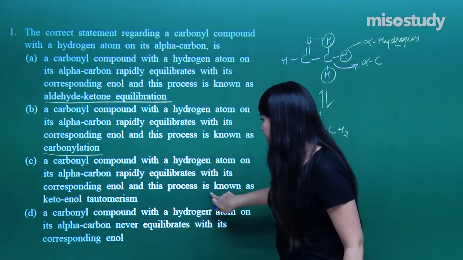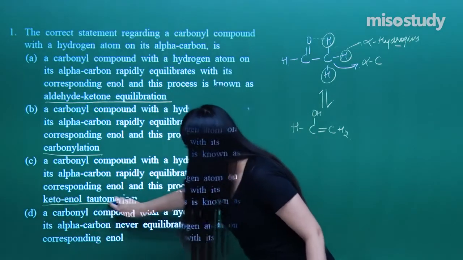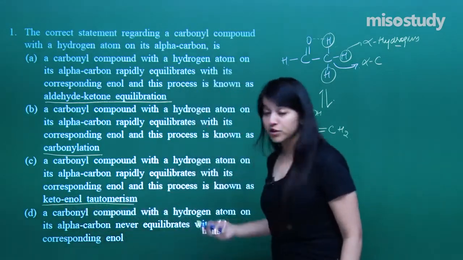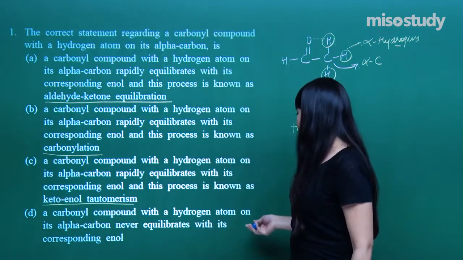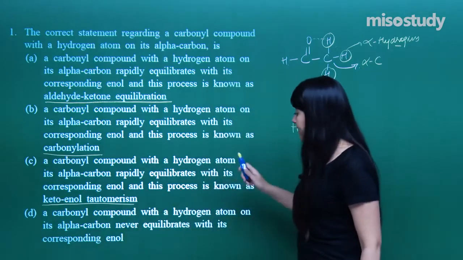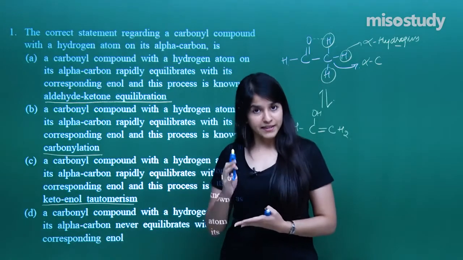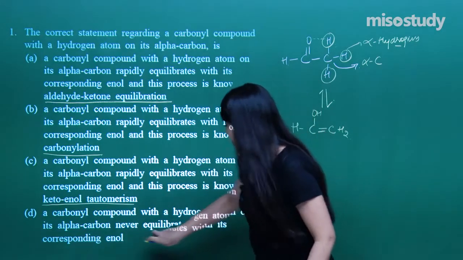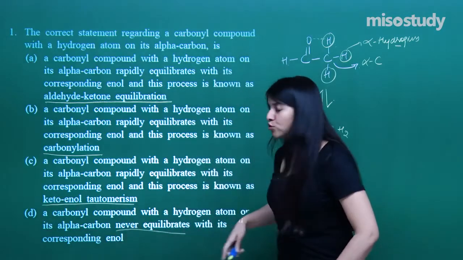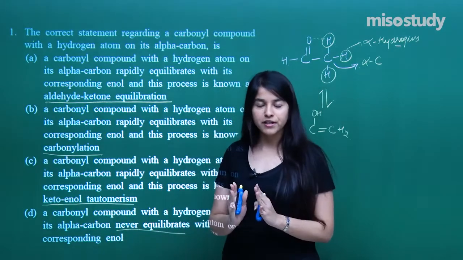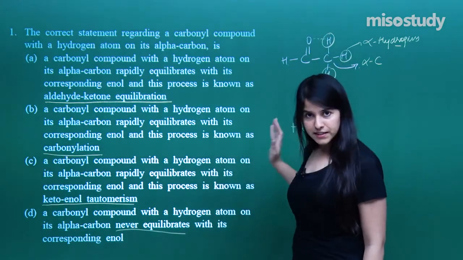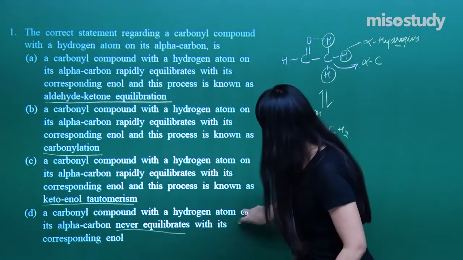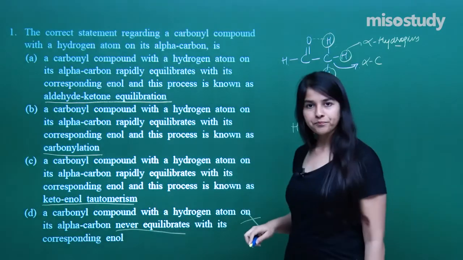Is it keto-enol tautomerism, or a carbonyl compound with a hydrogen atom on its alpha carbon never equilibrates? That can be an option. We all know that it will definitely equilibrate, as we have seen over here. So we eliminate this possibility.